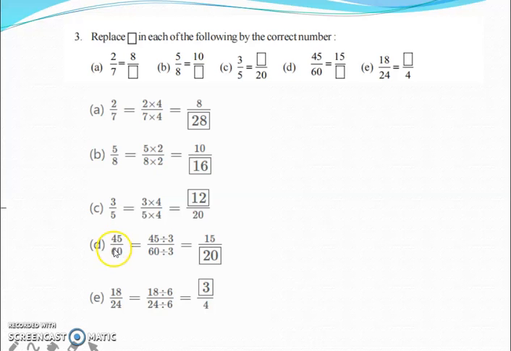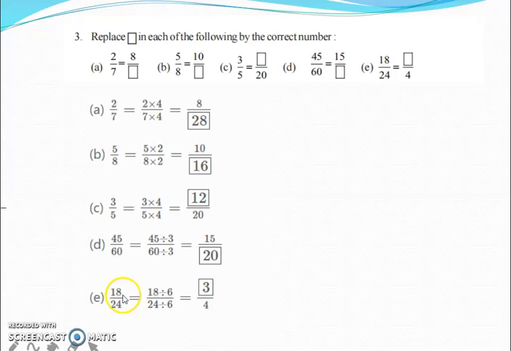But in this question D1, the big number is on the left hand side and the small number on the right hand side, so we have to divide. So 45 if you divide by 3 you get the answer 15. So 60 also divided by 3, the answer is 20.